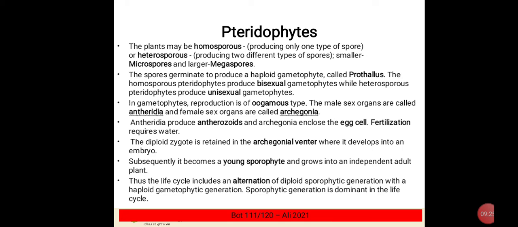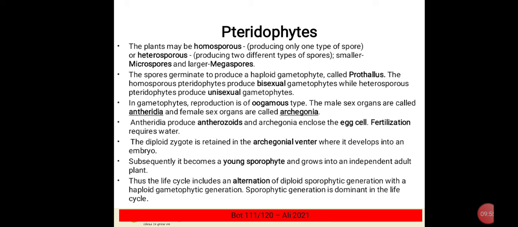Now, the other point is that the life cycle includes an alternation of generation. This is where a haploid gametophyte is followed by a diploid sporophyte. Are we together? A haploid gametophyte generation is followed by a sporophytic generation.